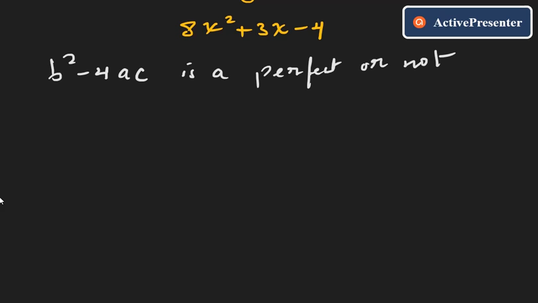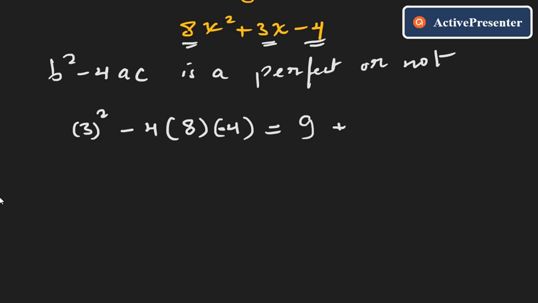Do you remember it? Okay, let's see. What is b? b is 3, so 3 squared minus 4 multiplied by a, which is 8, multiplied by c, which is minus 4. So this is equal to 9 plus 4 times 8 times 4, which is 16 multiplied by 8, 128.